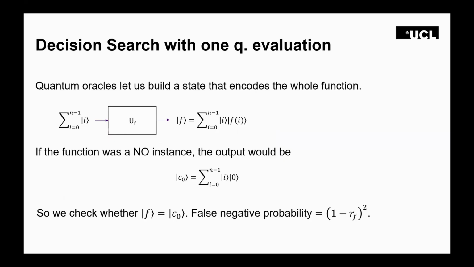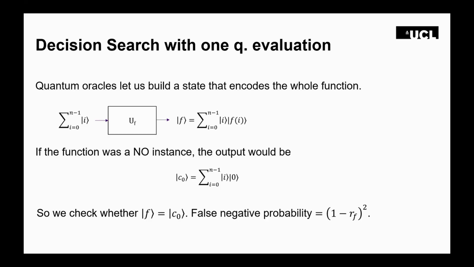Whereas the classical algorithm was only able to sample the function at one place, the quantum algorithm builds this function state that in some sense represents the whole function. It's a superposition of all the pairs in the function. What's cool about this is that if this function was a no instance, then we know exactly what the state would be: all the pairs would have a zero in the second component.